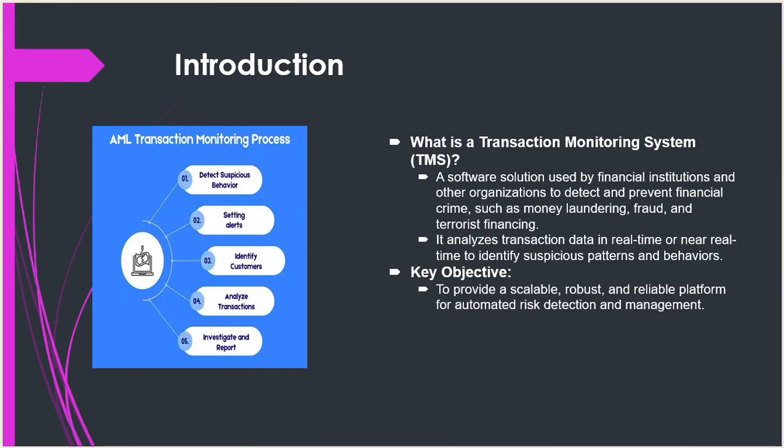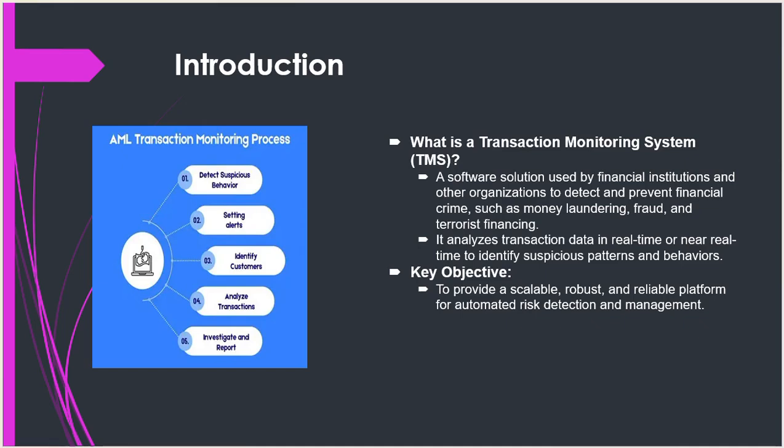For that, they fit rules or business logic into the system, which identifies the pattern and behavior of the transactions. The key objective of the transaction monitoring system is to provide a scalable, robust and reliable platform to automate risk detection management for banks and financial institutions.